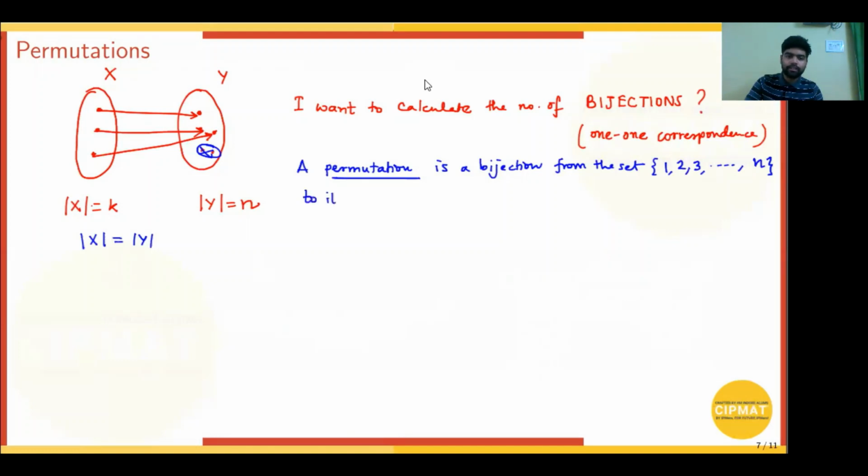Or equivalently, I can say that permutations are the total number of linear orderings of this particular set 1 to n.